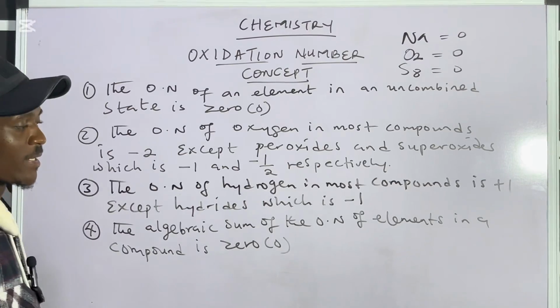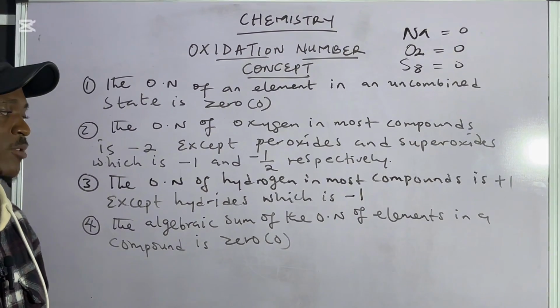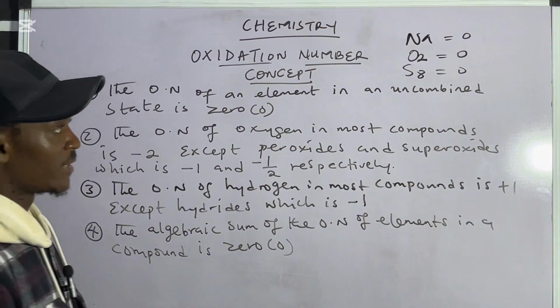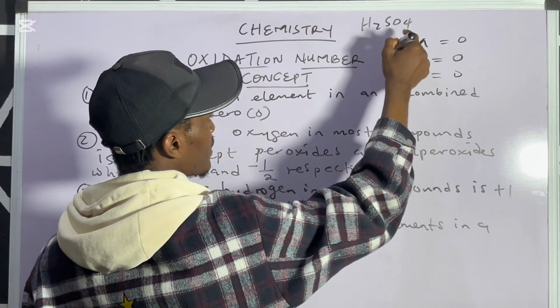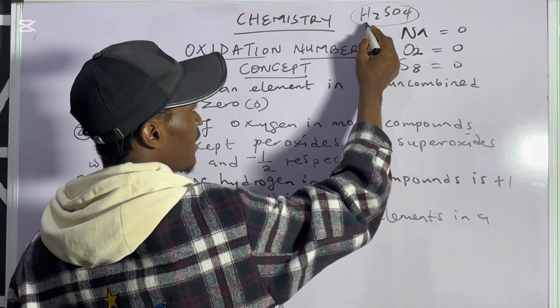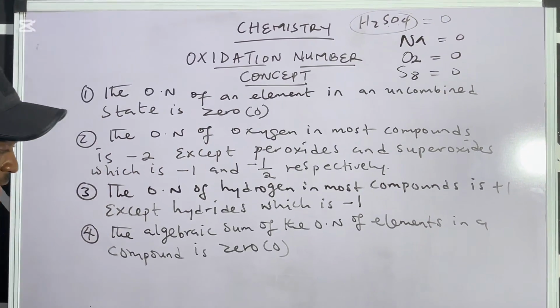Alright, meaning that when you sum up the oxidation number of all the elements that make up a compound, it must give 0. And what does that mean? Now if I write H2SO4, this is a compound. If I sum up the oxidation number of all the elements here, which happen to be hydrogen, sulfur and oxygen, I must get 0. So that's the rule.